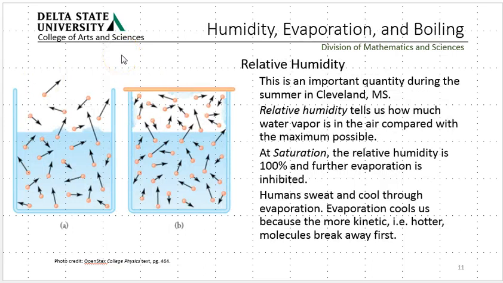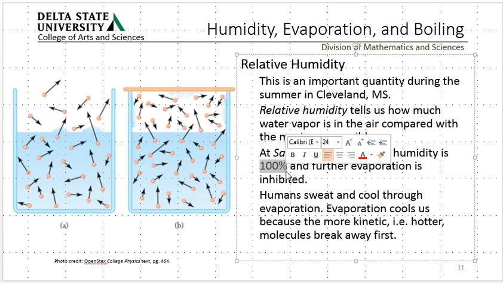One last topic, relative humidity. When we talk about humidity, we're usually talking about relative humidity. At the top end of the scale is the absolute maximum amount of water vapor that the air can handle at the temperature we're at. When we talk about relative humidity, we talk about a percentage of that.